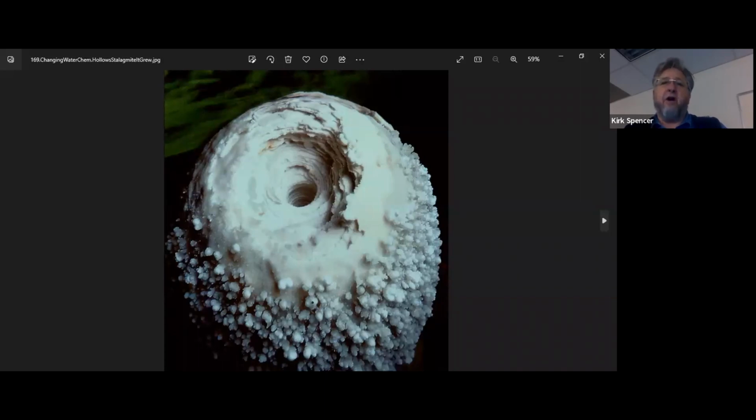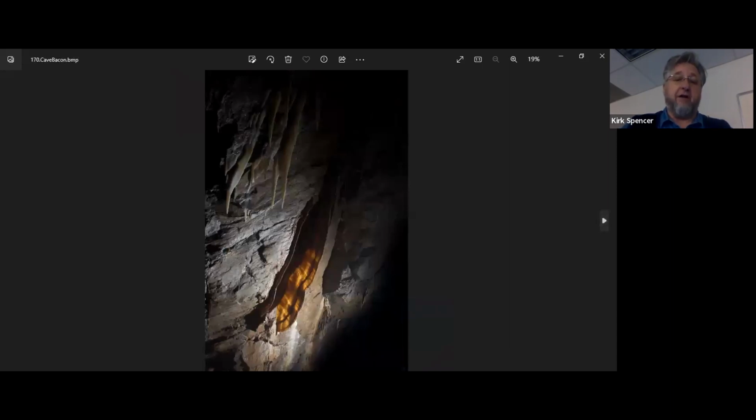Then the groundwater chemistry there in Georgetown changed. I went back about 10 years later, and it looked like someone had taken caramel and thrown it all over the formations, because it was dissolving more limestone. It was very obvious that it wasn't taking that long to grow, because within 10 years it covered many of the formations. So water chemistry is important in terms of how the cave is decorated.